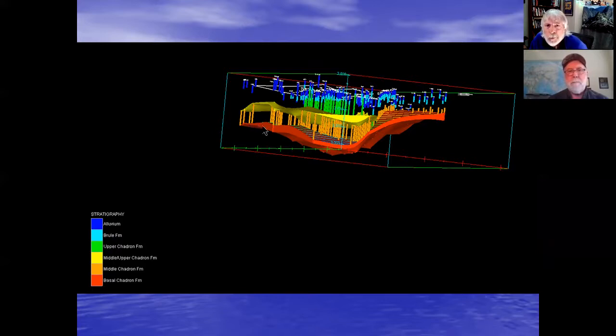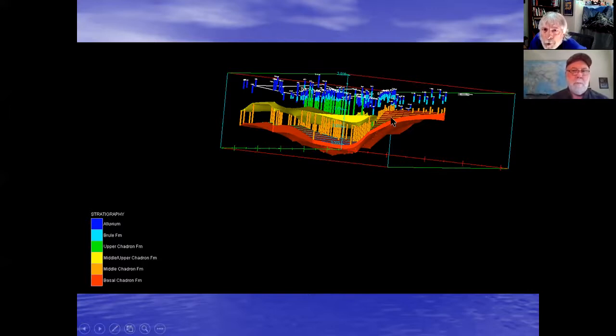This lower one, here in orange, is the Chadron. What's interesting is that as we come across, we've got a big change from this horizon up to this horizon. What we found through this investigation was a fault coming through this area, which created a little bit more interesting work for the client for the exemption moving forward.